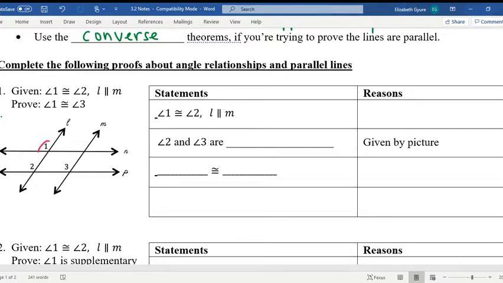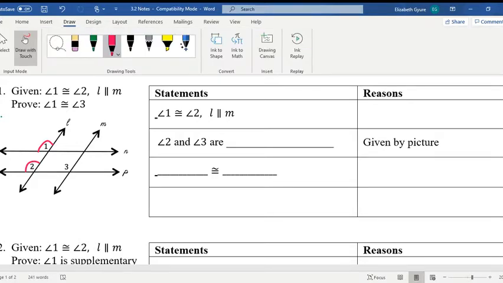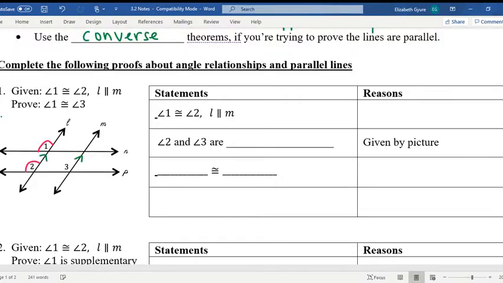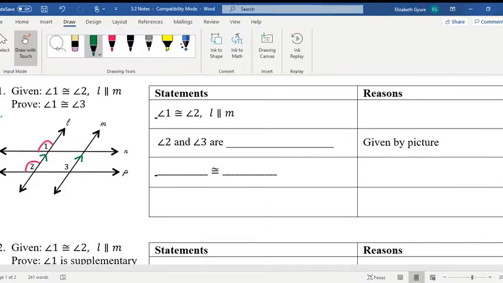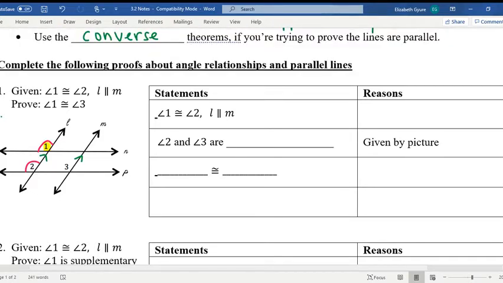So we know that angle 1 is congruent to angle 2. And we know that line L is parallel to M. So normally that's your little arrows. I'll do those in a different color so we can kind of see it a little better. So those are parallel. We want to prove that angle 1 is congruent to 3.